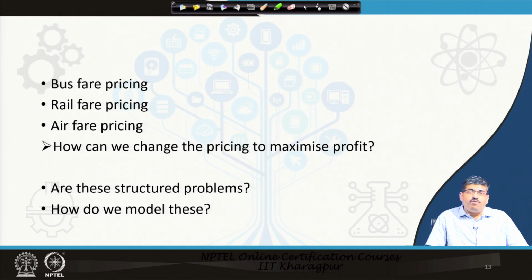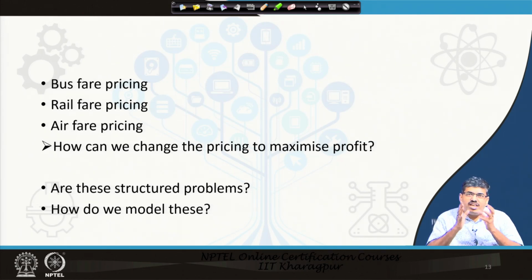Okay. Rail fare pricing. Do we have more AC coaches? Do we have more ordinary coaches? How do we recover our costs? Airfare pricing, very, very dicey. Dicey in the sense that as and when the demand for air tickets increases, the airfares also keep on increasing. How do we model these?